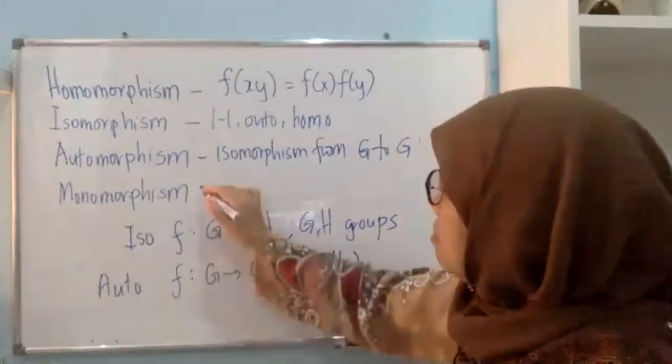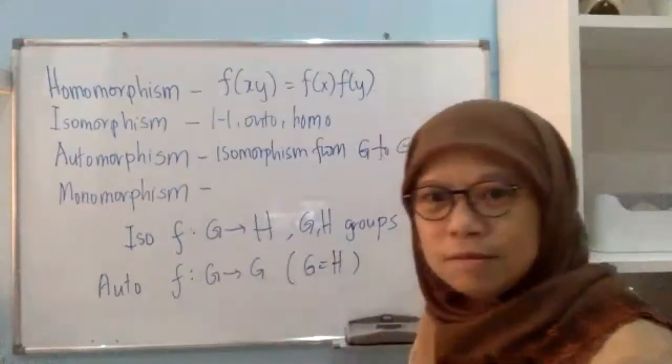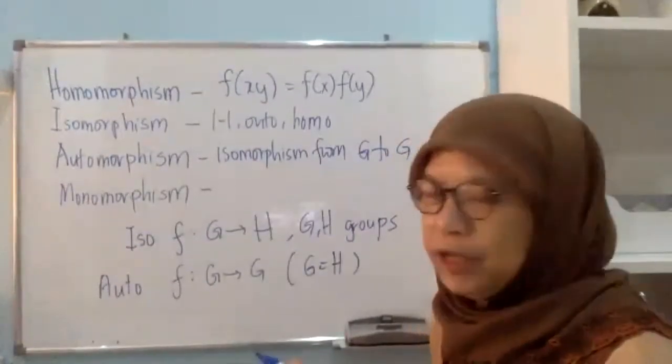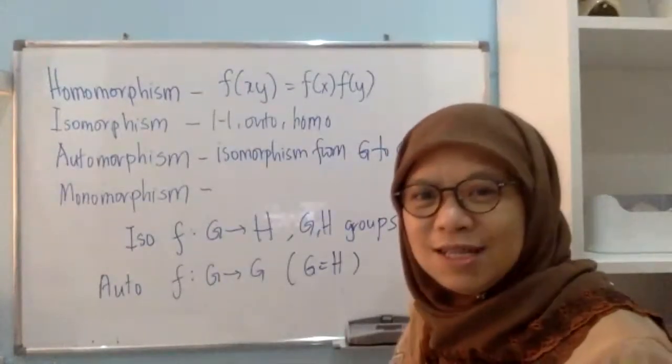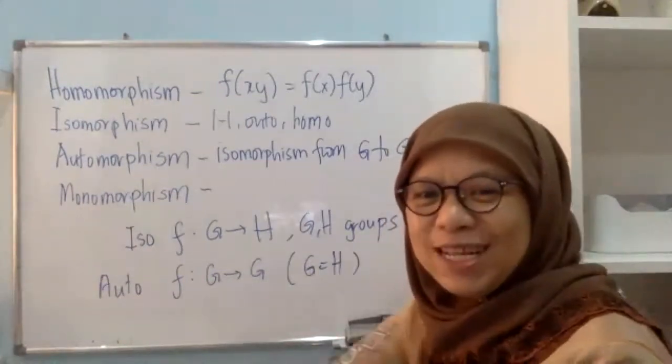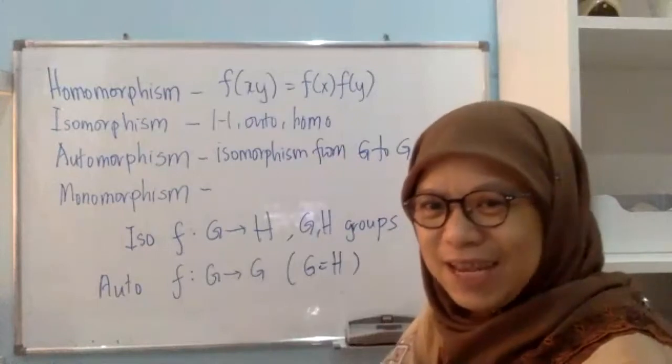Monomorphism, what does it mean? Now it's easy. You don't have to go to the library. You can just Google. Can somebody quickly Google and read what it means? Or you can understand that.